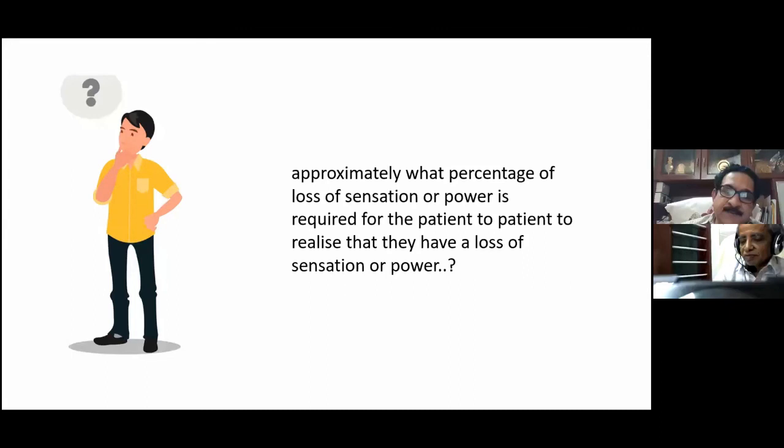If touch fibers are affected, any amount can produce decreased sensation. Need not be that all fibers should be lost. If all fibers are lost, total anesthesia will be there. Depending upon the number of fibers lost, the sensory loss is graded. Motor fibers, more than 50%.